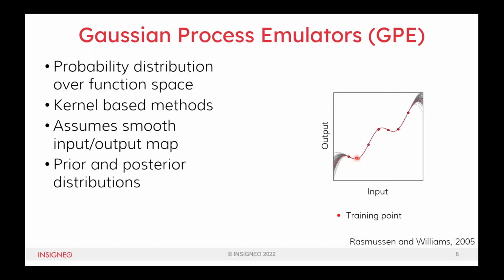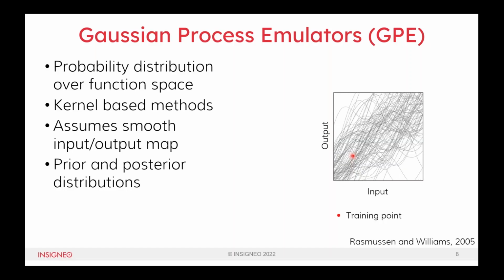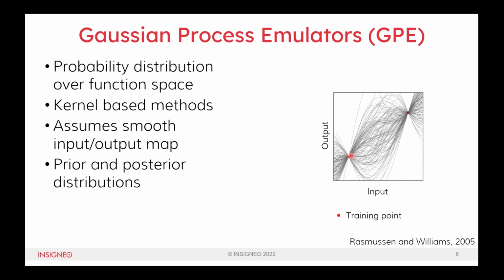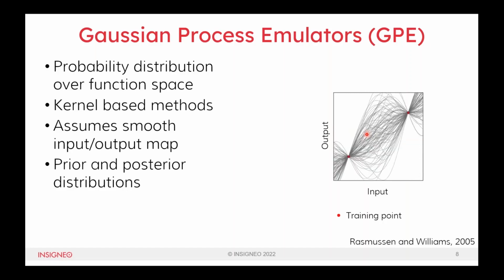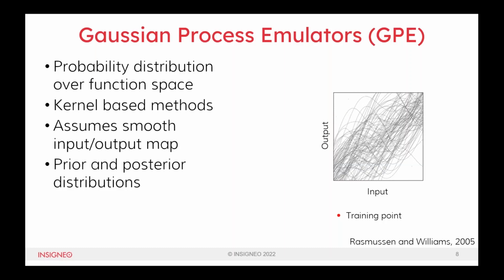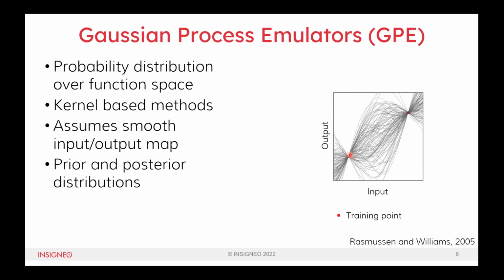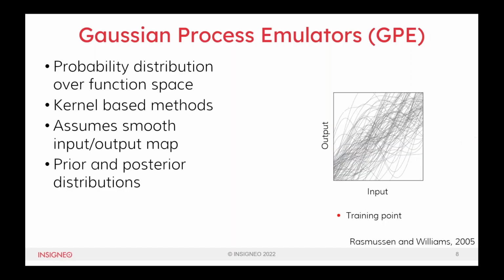And first of all, you can see that behind two known points, the uncertainty goes literally to zero, and your emulator gives you a clear estimate of what is the function that you are trying to estimate. And also note how the uncertainty is zero on the training point, and this is one of the requirements of a statistical emulator.